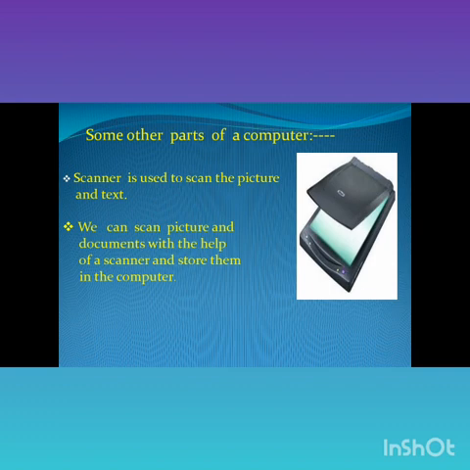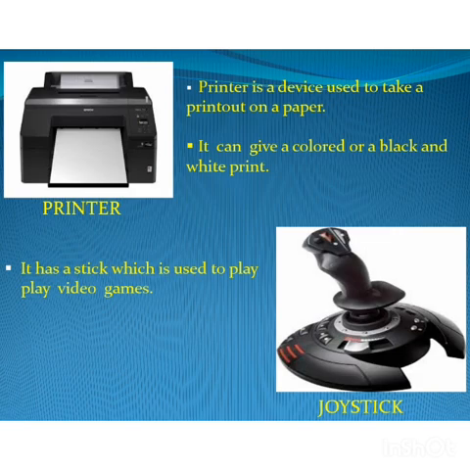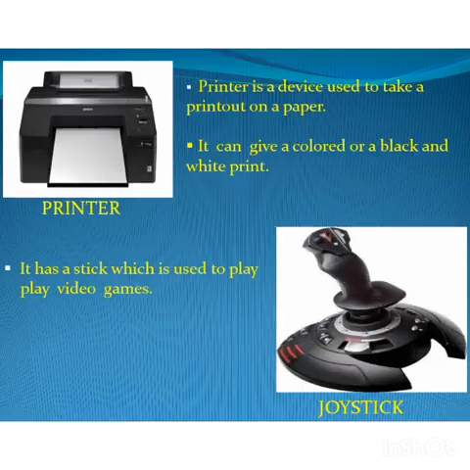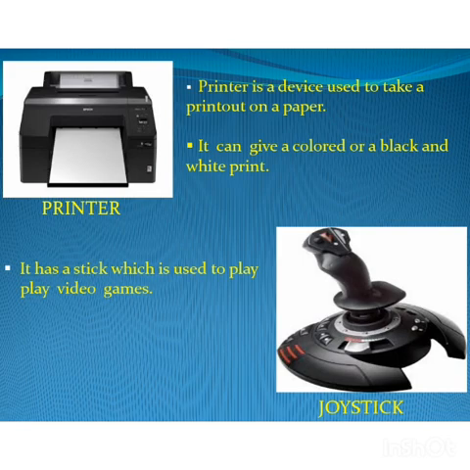The second other part is the printer. A printer is a device used to take a printout on paper. It can give a colored or a black and white print.